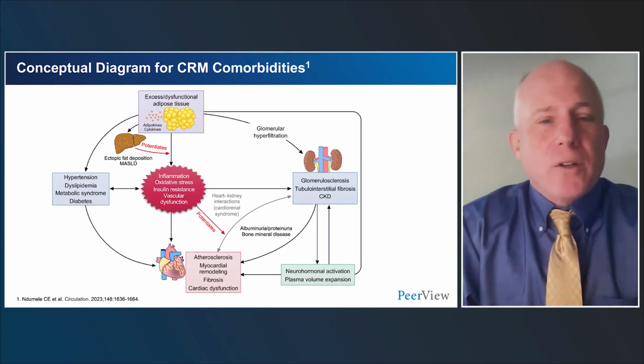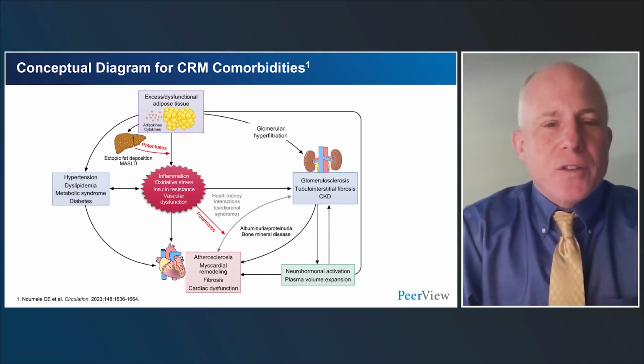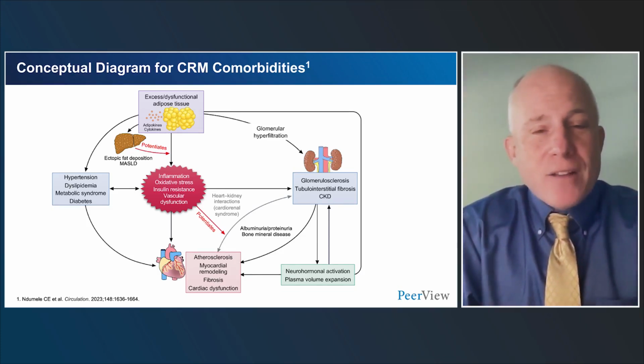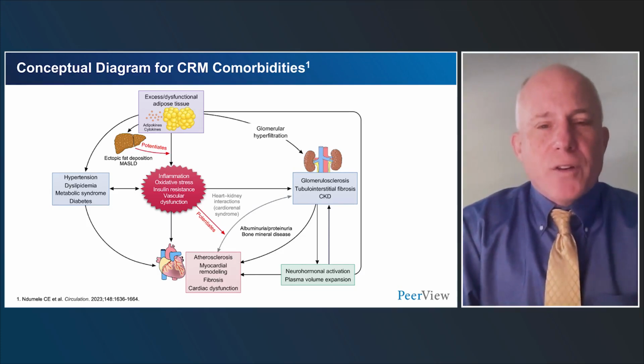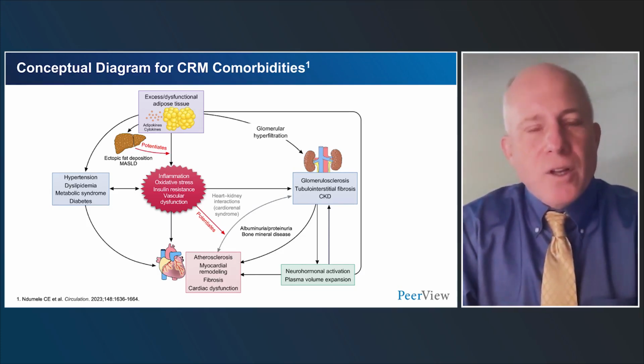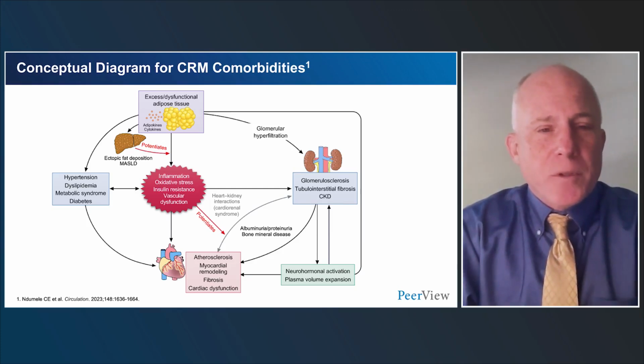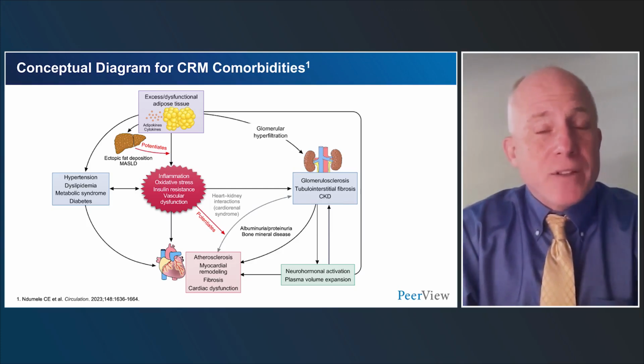We go down in the middle, that excess adiposity is also a driver for systemic inflammation, oxidative stress, insulin resistance, and vascular dysfunction. So now you can start seeing that this will branch out on the left-hand side and start to cause things like hypertension, dyslipidemia, metabolic syndrome, and even diabetes.